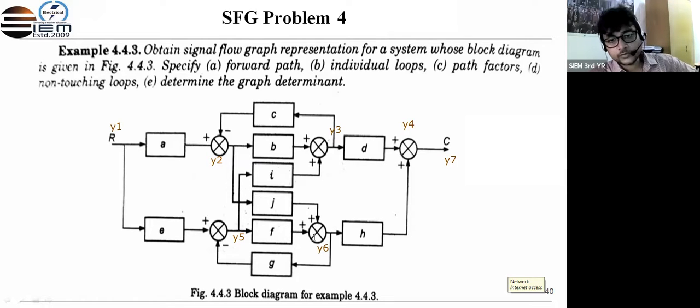Then Y2 to Y6 there will be a branch J. Okay. I am just telling you the possibilities. One forward path is Y1, Y2, then Y3, Y4, Y7. This is P1.